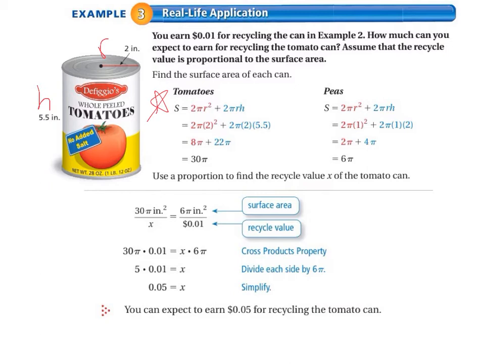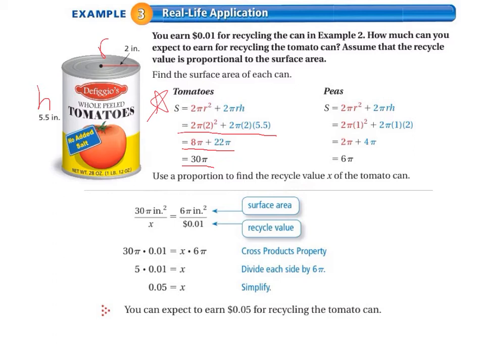Now when we plug our numbers in, we get 2 pi, radius is 2, squared, plus 2 pi, our radius again is 2, and then we plug in our height, which is 5.5. So we get 8 pi plus 22 pi equals 30 pi.